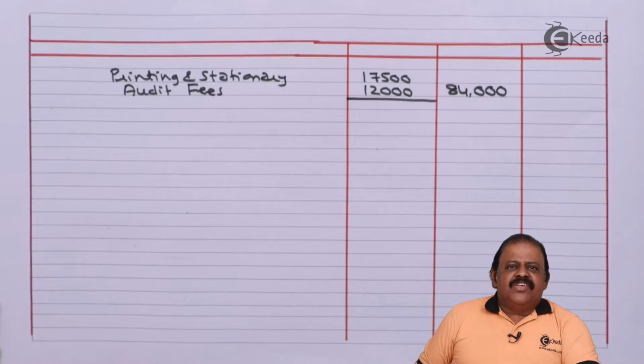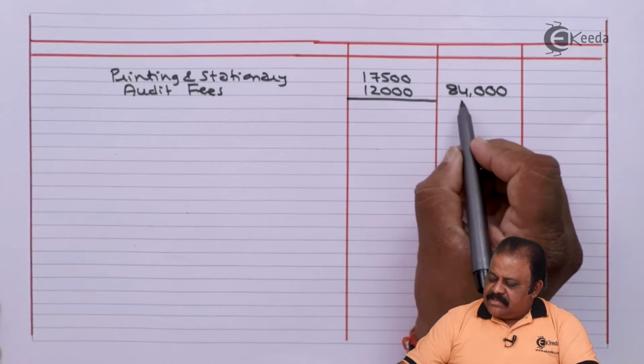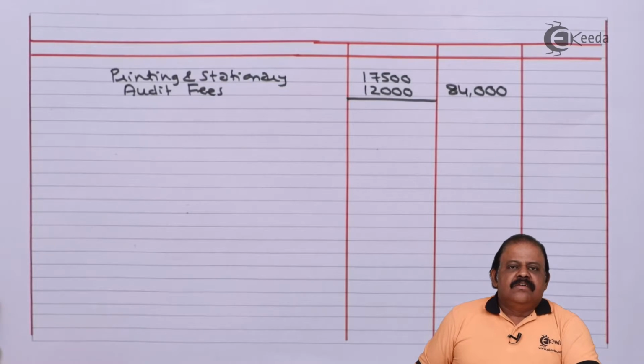We can add administration expenses. It is 84,000.